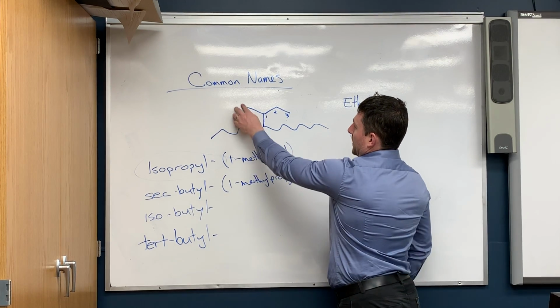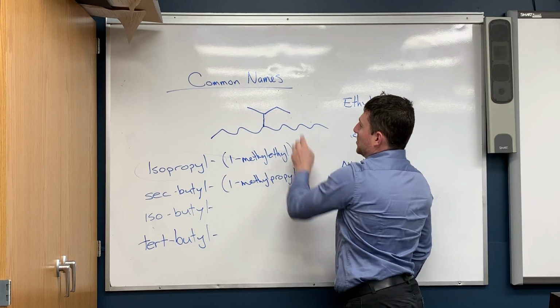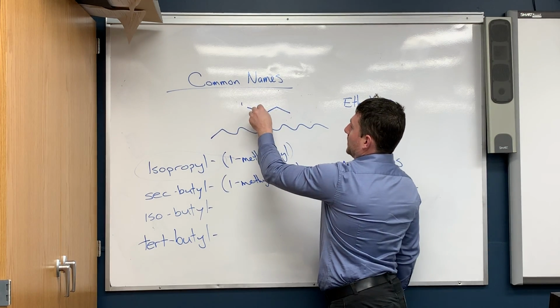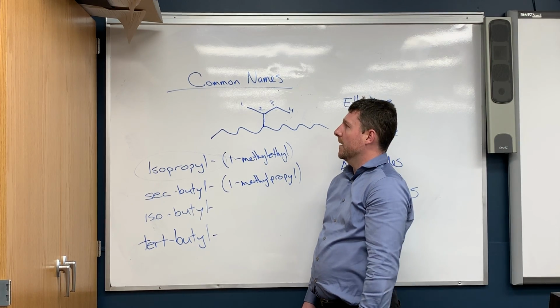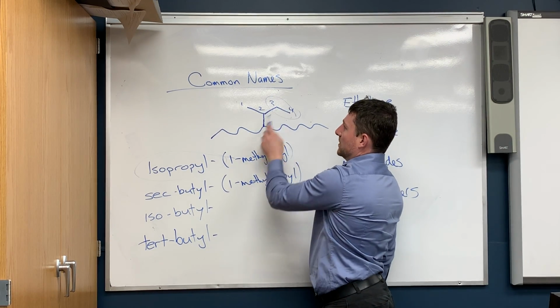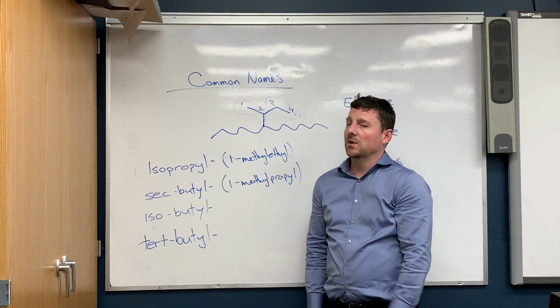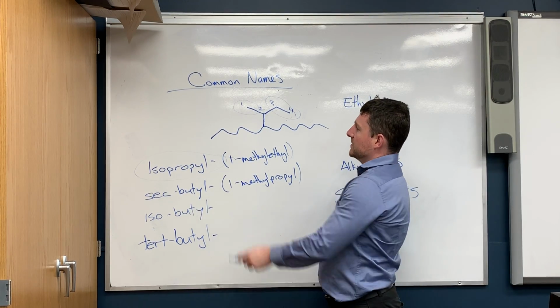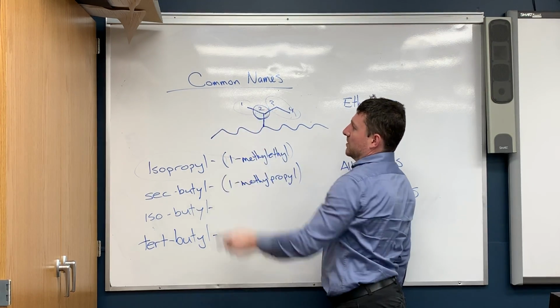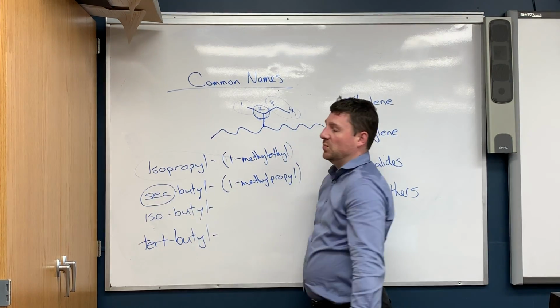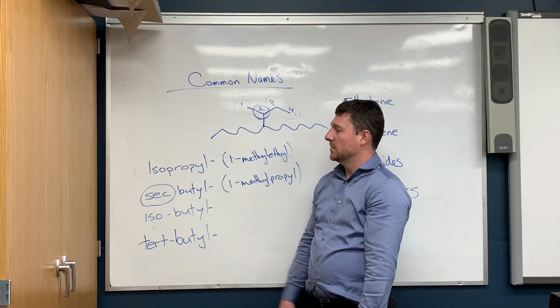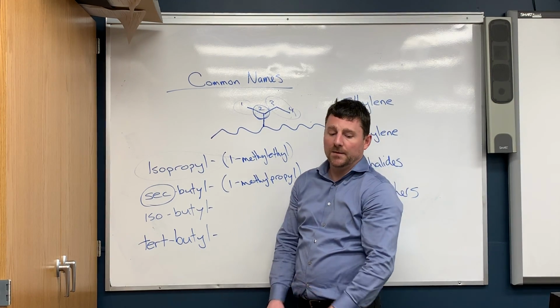Well, instead, again, the common name treats this like it's a butyl branch with 1, 2, 3, 4. Now, it's not attached in a balanced way. It has 2 carbons on one side and only 1 on the other. So we wouldn't call this isobutyl, right? Instead, because it's attached to the 2nd carbon of the butyl chain, right, they call it sec-butyl because it's attached to the 2nd carbon, right?